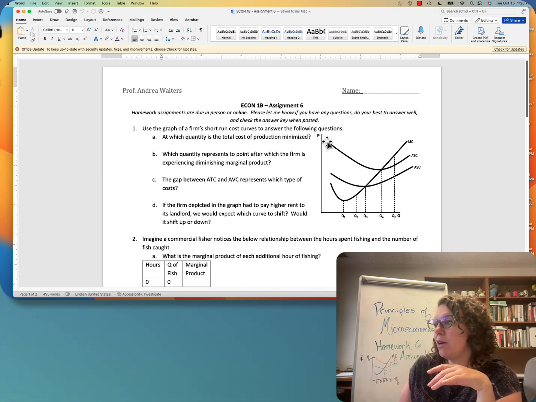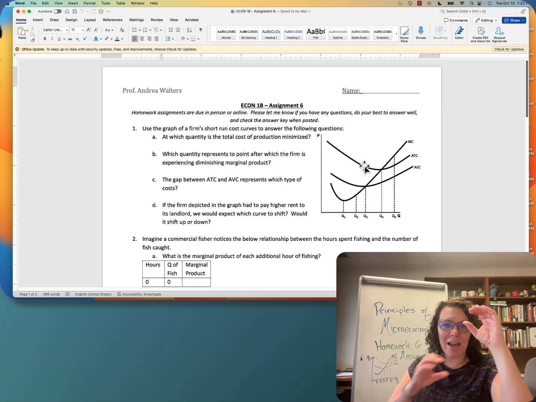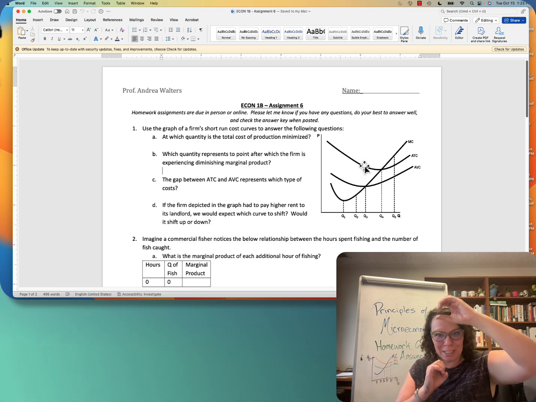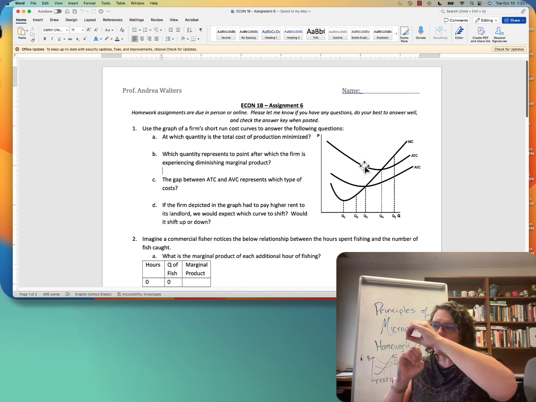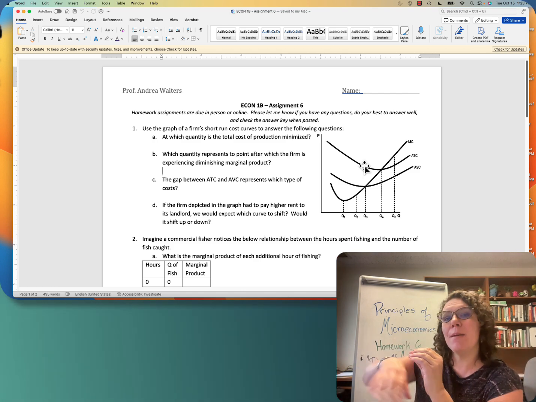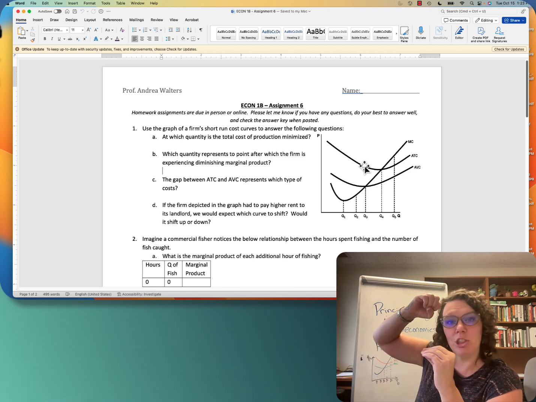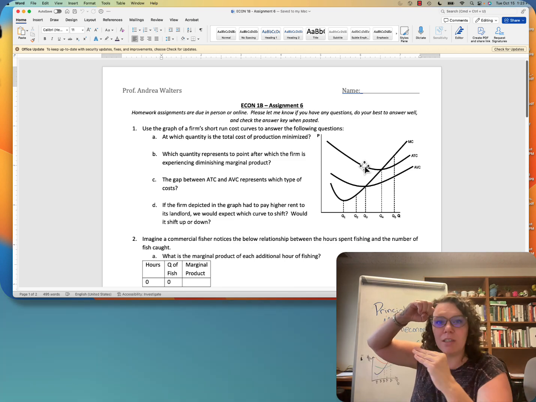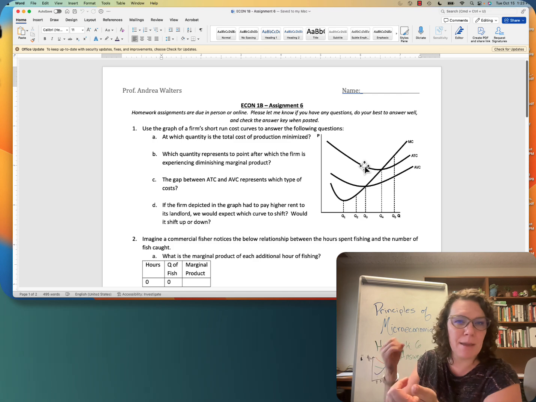So as we move down here, we're seeing average costs fall because the marginal cost is below average. And when you're adding a small number to an average, it's going to keep pulling that average down. But as they get closer together, we get to the point where they're actually equal. And then marginal cost is higher than average cost. And that means that it's going to be pulling that average up, right? We did this example in class.